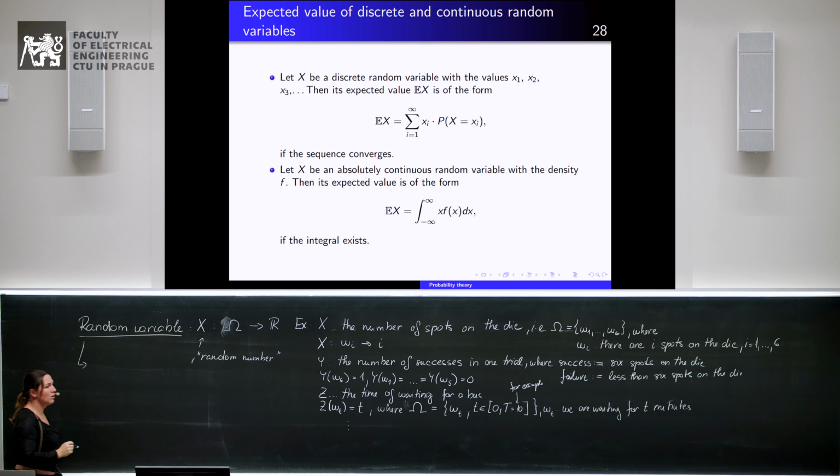And the descriptions of our random variables are the following. The general description, which can be used for all random variables, is the so-called cumulative distribution function.